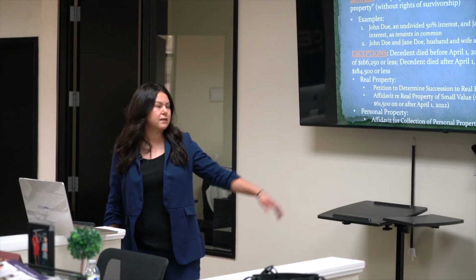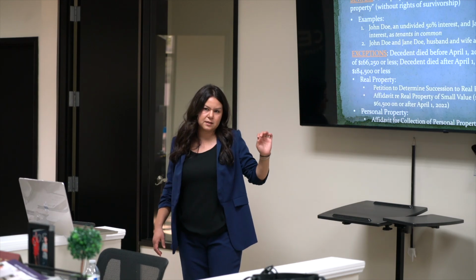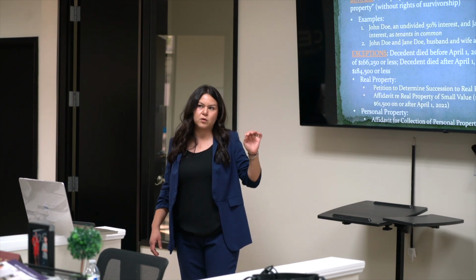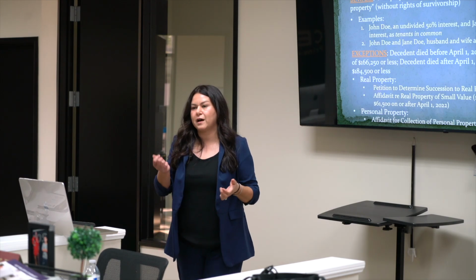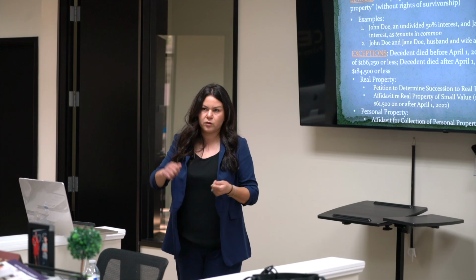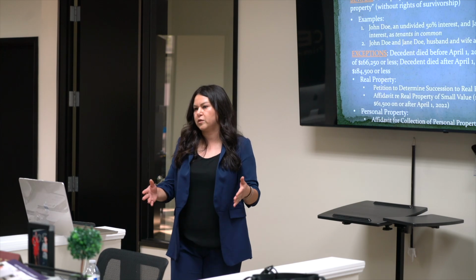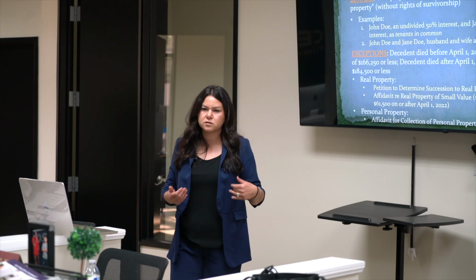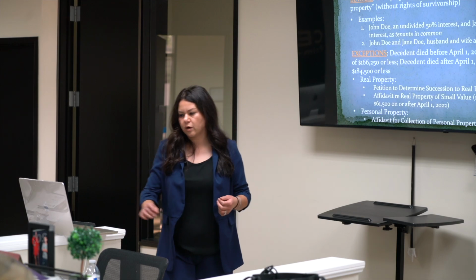And what that is, again, we use these numbers up here, and if the amount in that account is less than that, you fill out an affidavit before a notary. All the heirs need to sign, and then they submit it to the bank, the life insurance company, the retirement, and then it gets distributed to the heirs at law, or if there's a will, to the persons in the will. So that's for personal property.